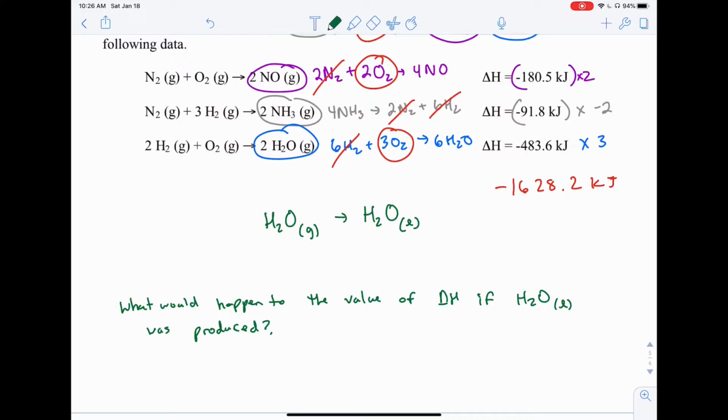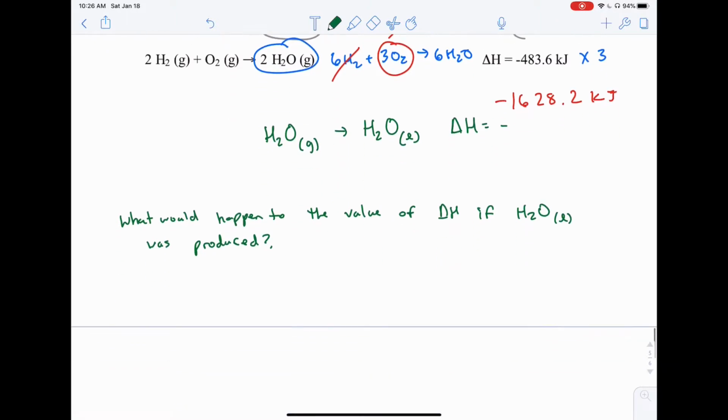That means the delta H of this reaction is negative. So if this is releasing heat, what will happen to the value of delta H? It'll become more negative. Okay.